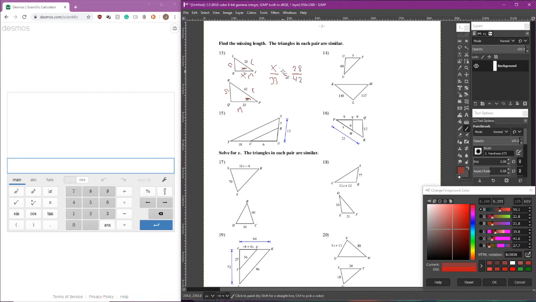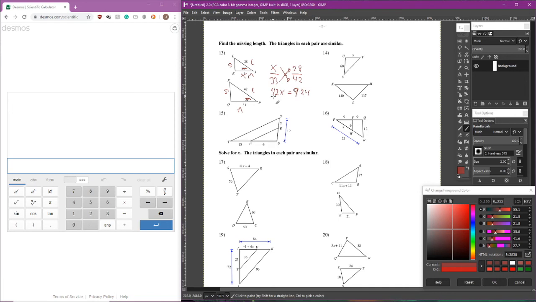And remember, when you're solving for a variable, when you have two fractions like this in a proportion, you can cross multiply. So you're going to cross multiply x times 42, that's 42x. Then you're going to multiply 33 times 28. 33 times 28 is, actually, 924.